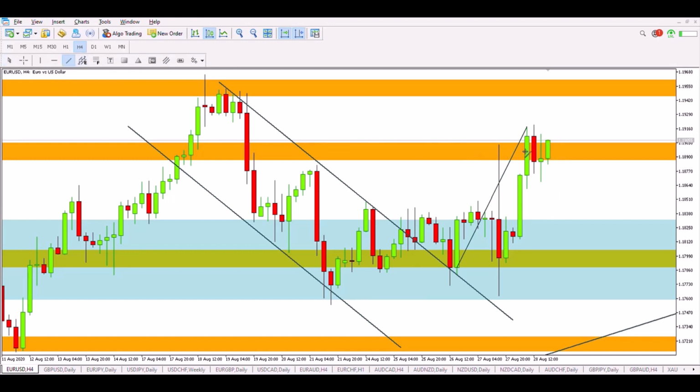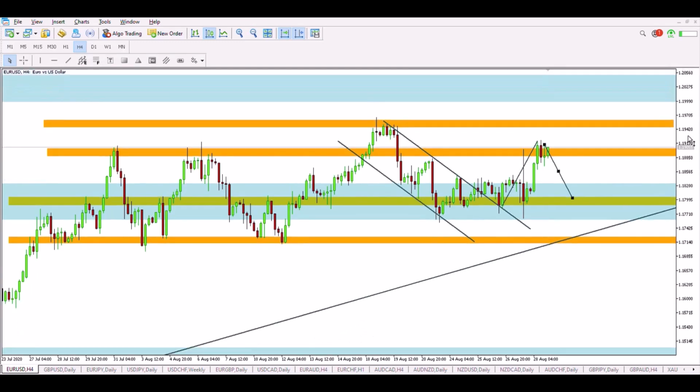Now from here we can expect a move back to the downside to regain some bullish strength, so more buyers can get the euro at a cheap price, and from there we can see another push to the previous high right here or to the next daily zone right here.